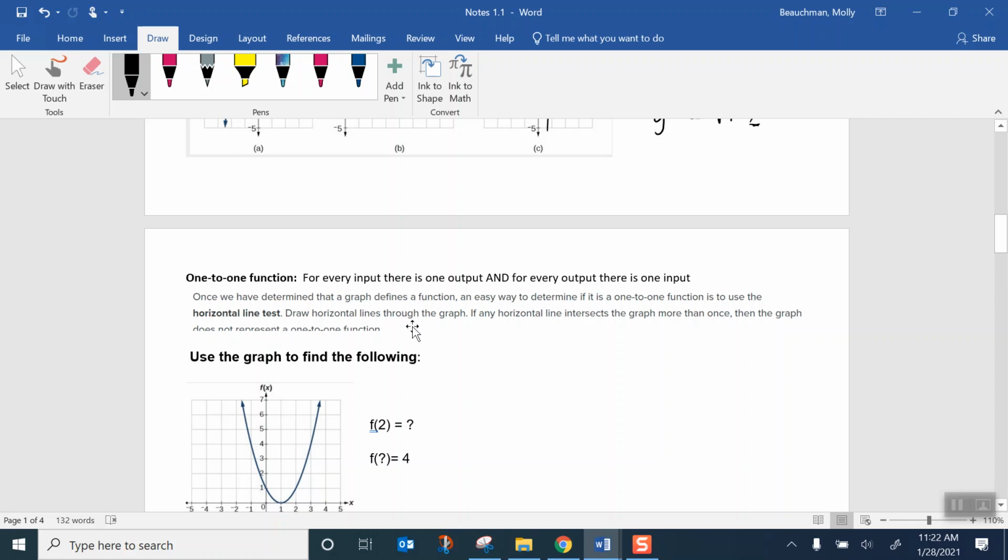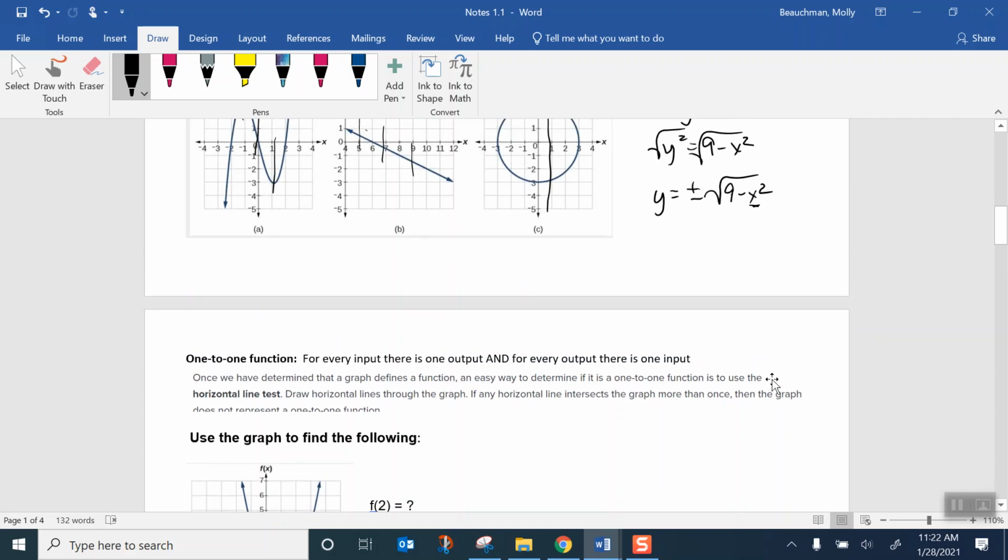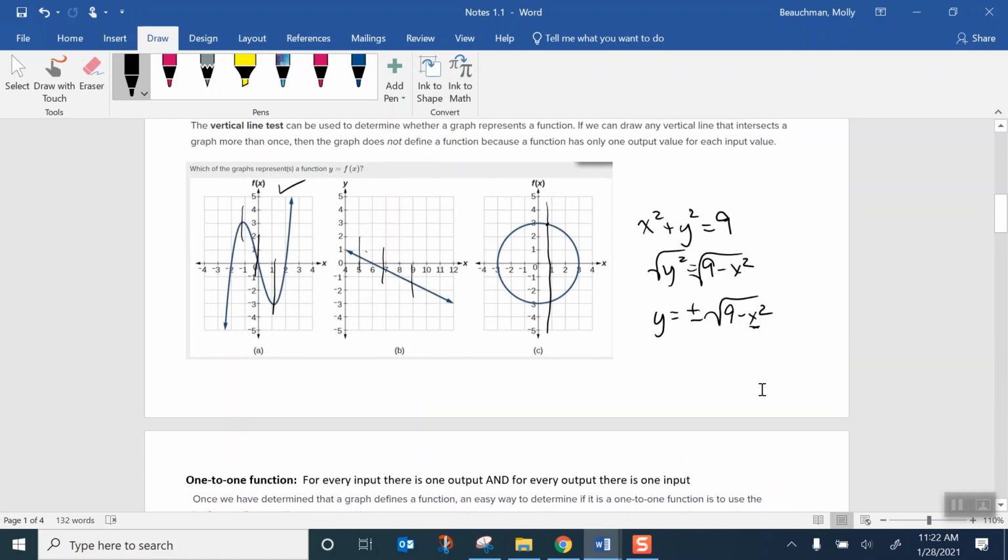Draw horizontal lines through the graph, and if the horizontal line intersects the graph more than once, then the graph does not represent a one-to-one. So if we look at the functions above, only the first two were functions. They're both functions, but the first does not pass the horizontal line test. So the first function is not one-to-one.